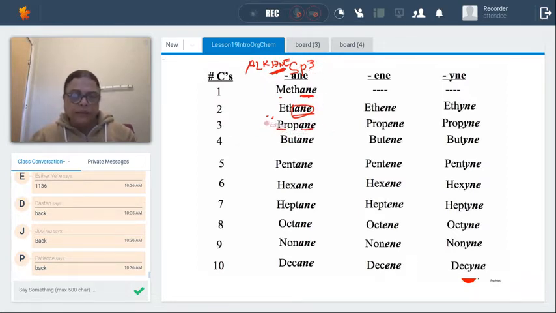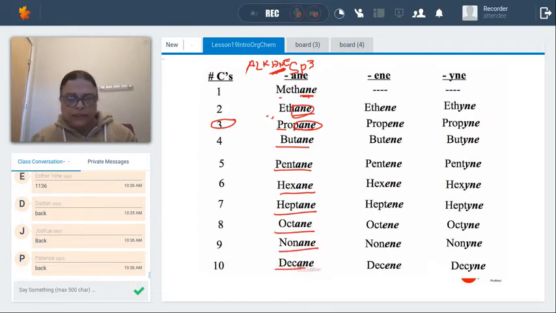Propan is a molecule that has three carbons and belongs to the alkane family. Butan, pentan, hexan, heptan, octan, nonan, decan. So when you hear "an", you know the molecule has only single bonds. This is the alkane family.